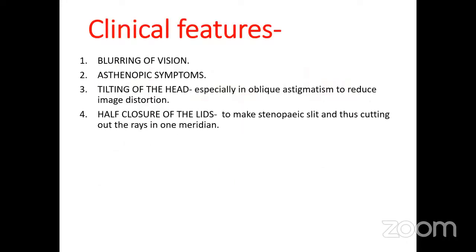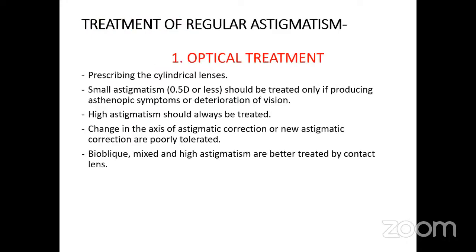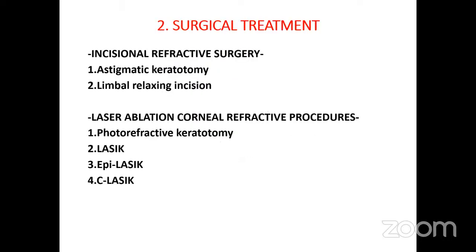Now for the treatment part of the cylinders, let's consider only the laser refractive procedures. Which of these will be easier to treat and which might be difficult? Let's say astigmatic keratotomy. Which type of error can be corrected by it? Regular astigmatism can be corrected better with surgical treatment as compared to irregular.